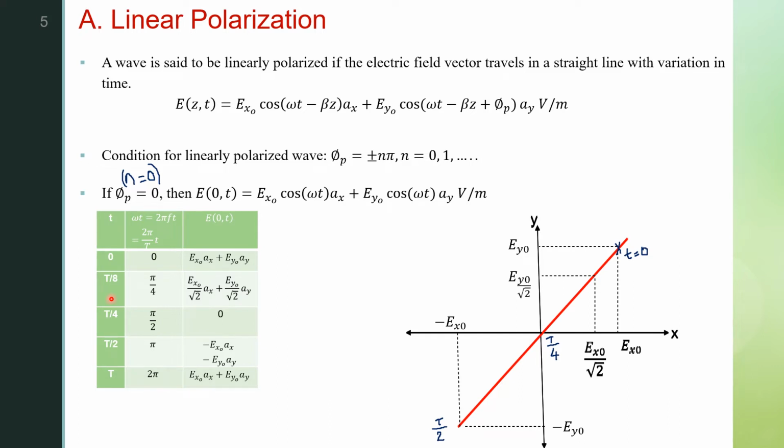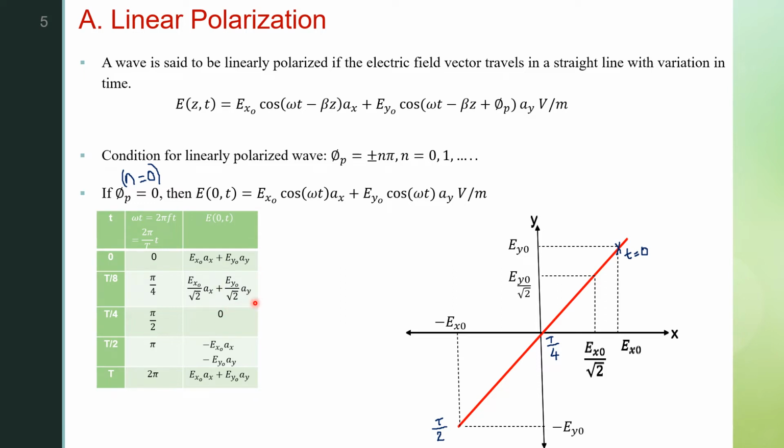I'm repeating again here, capital T represents the time period. That means when t is equal to capital T by 8, omega t is going to be pi by 4. So omega t is pi by 4, that means it's 45 degrees. Substituting here omega t as pi by 4, you will get electric field E of 0 comma t as Ex0 by root 2 ax cap plus Ey0 by root 2 ay cap.